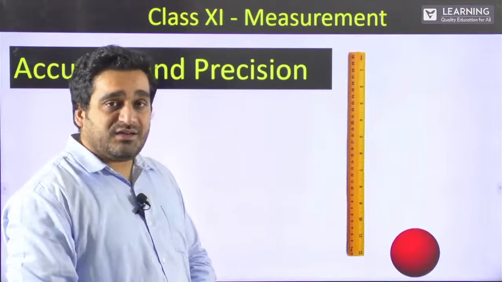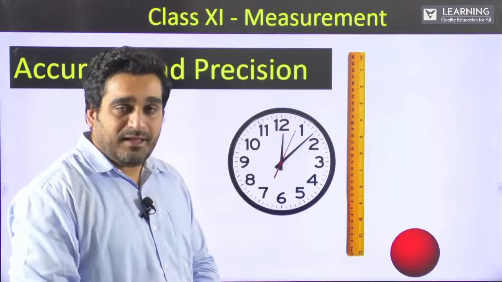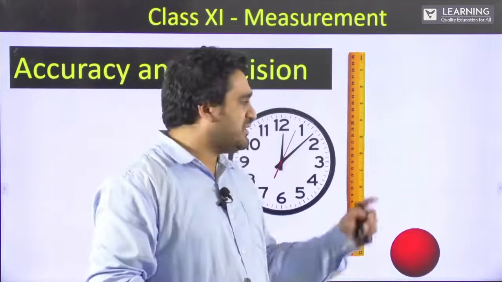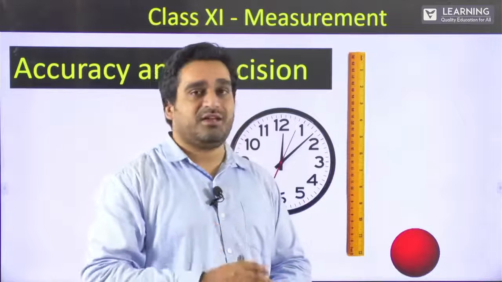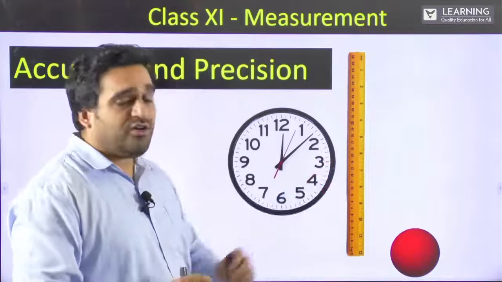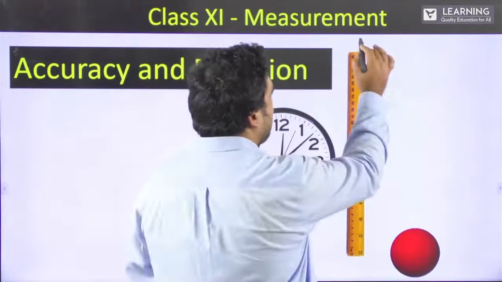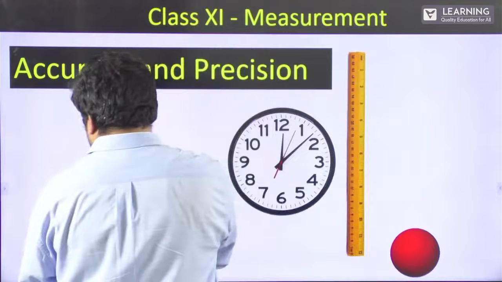Similarly, to identify the time, you use a clock. Now, there are certain limitations for this ruler when it comes to making a measurement. That is because the precision of this instrument is limited. When I say precision, it means the resolution.